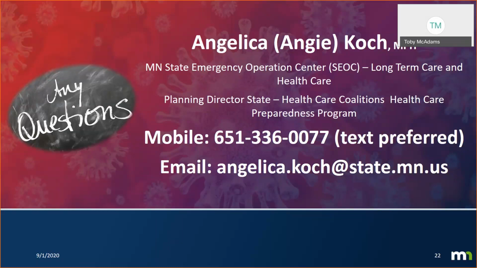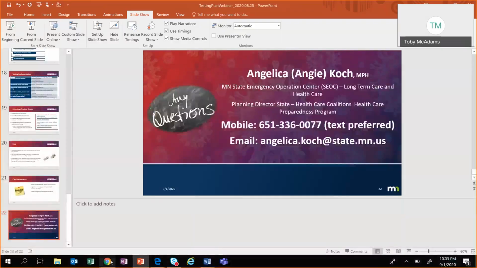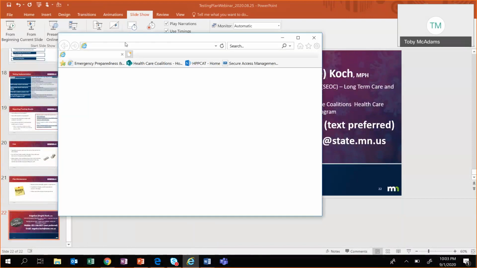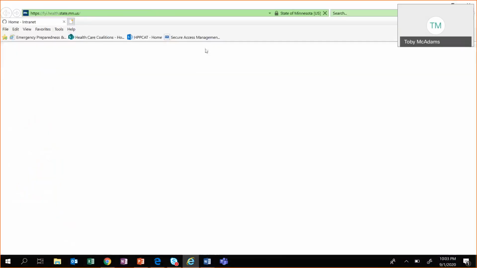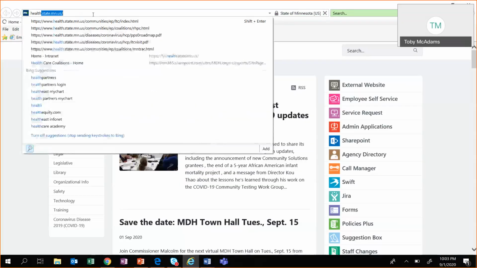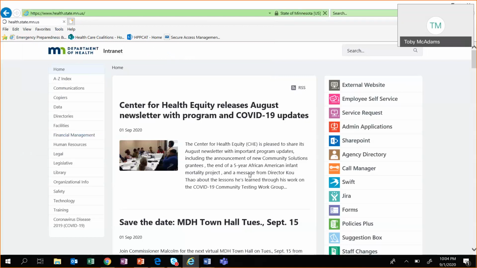Lastly, all of these documents, the testing plan and the guidance document, are on our state website. So I am going to just go back and go into our website. We're going to go to health.state.mn.us.